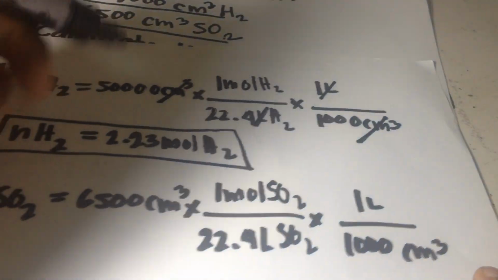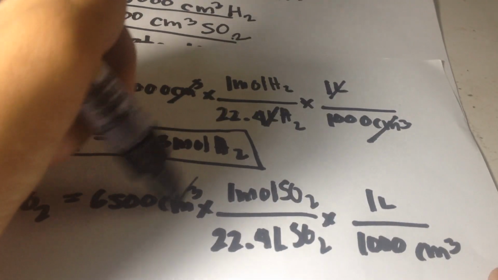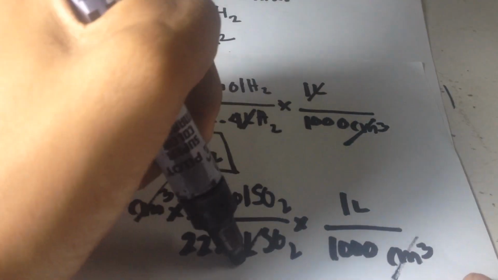So we need to convert liters to cubic centimeter. In 1 liter we have 1000 cubic centimeter. So you cancel out the cubic centimeter and the liters will cancel out, so what is left is moles.